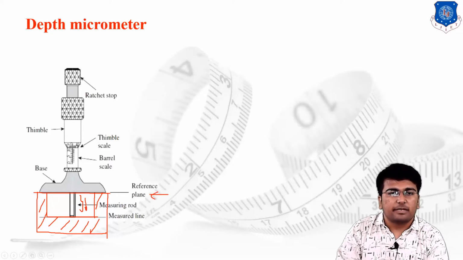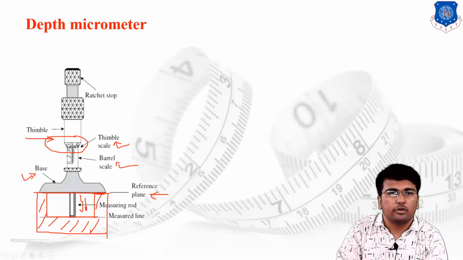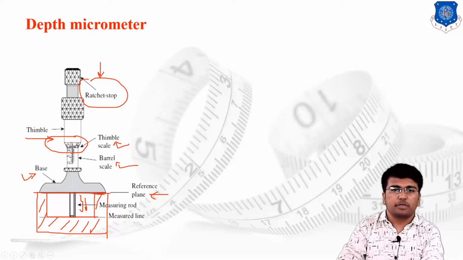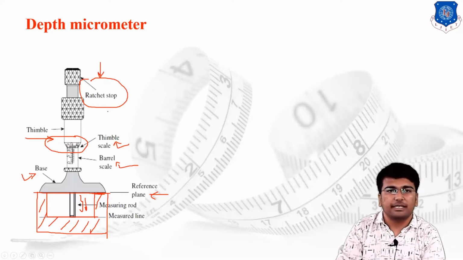The reference plane is attached to the top surface of the workpiece. The base has been provided, the barrel on which the main scale is there, the thimble on which the auxiliary scale is there. The thimble will rotate, and you simply find the value of the reading. By the ratchet you provide uniform pressure, and with uniform pressure you find the exact value of the measurement.